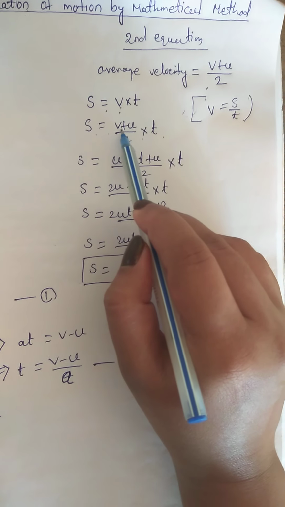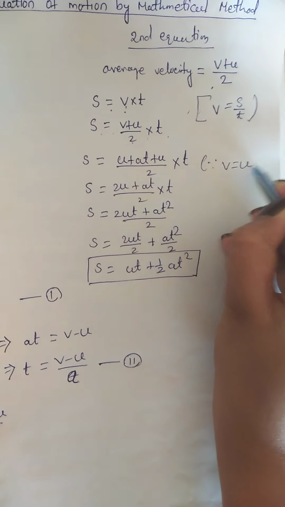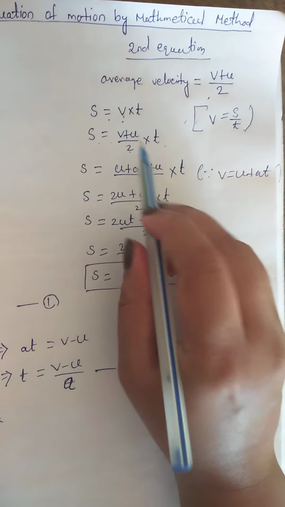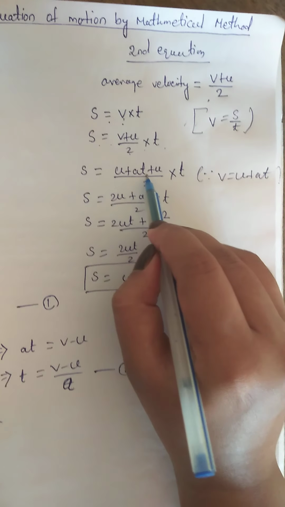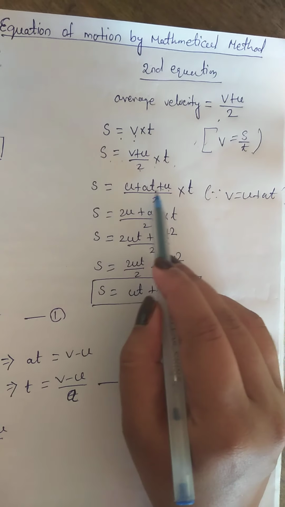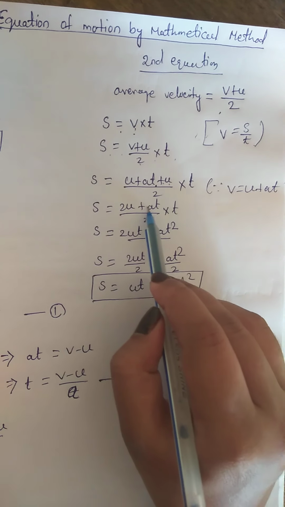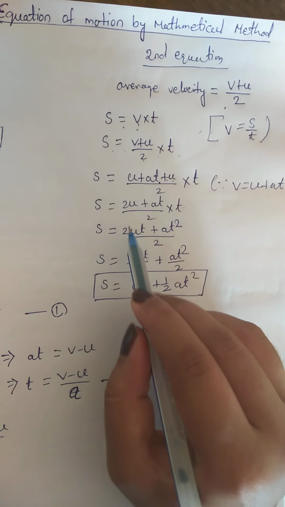But we know that v = u + at from the first equation of motion. Now putting the value of v, we get s = ((u + at) + u) × t / 2. Adding, u + u is 2u, so s = (2u + at) × t / 2.